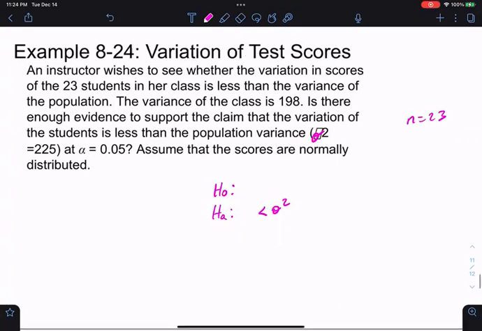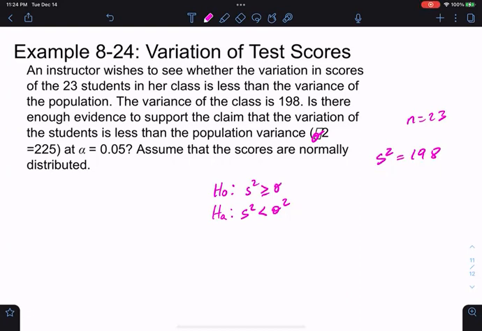So that's S squared, right? That's 198. Let's read that one more time. Is there enough evidence to support the claim that the variation of the students is less than the population?